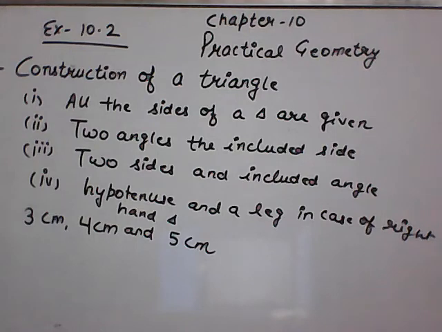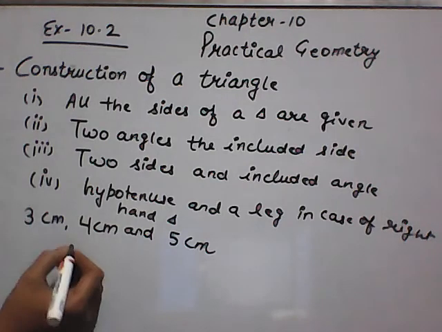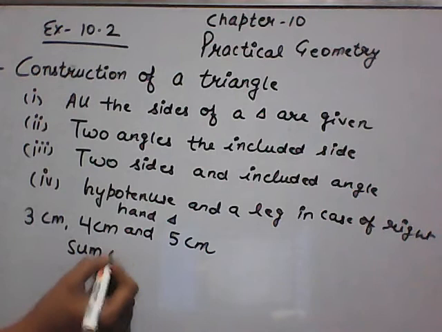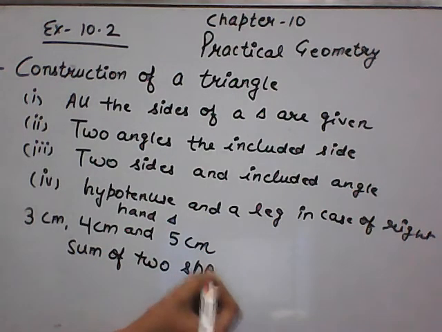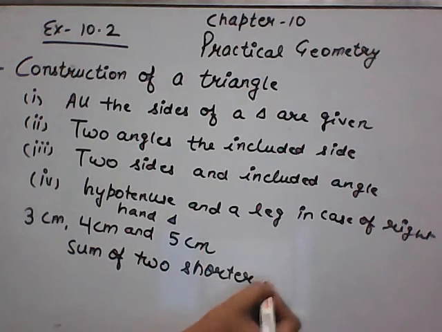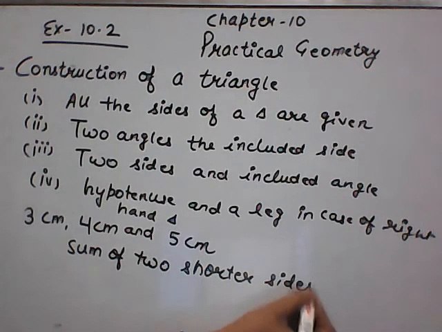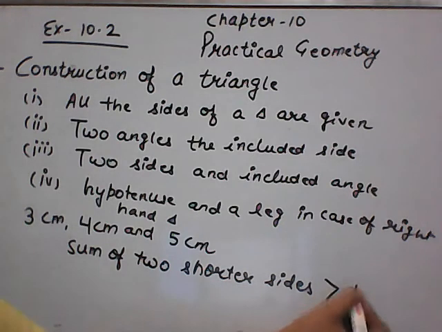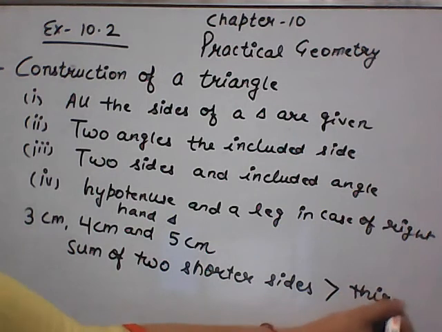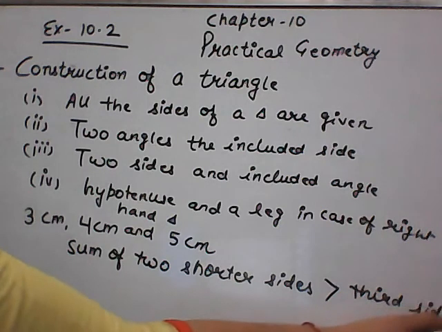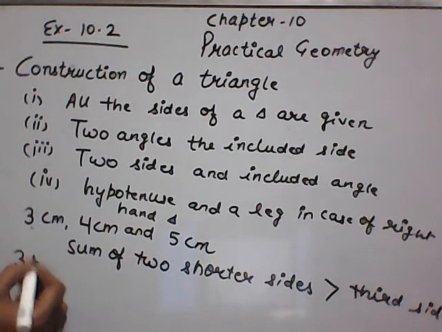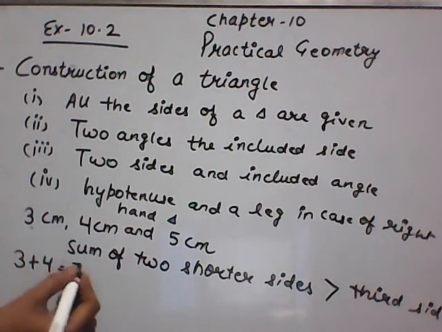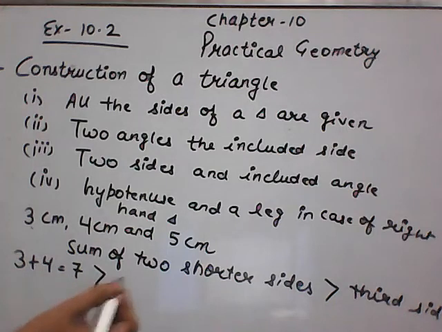What does the triangular inequality property say? If the sum of two shorter sides is greater than the third side, then you can construct the triangle. Here the shorter sides are 3 and 4. 3 plus 4 is 7 and 7 is greater than 5.